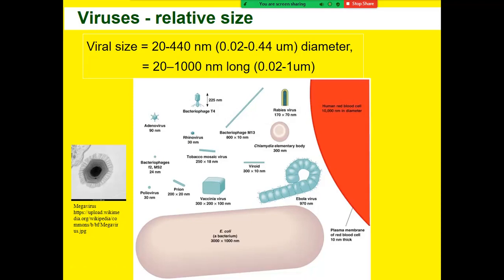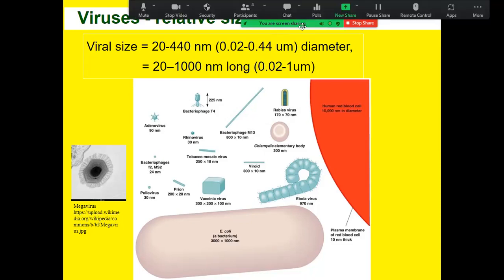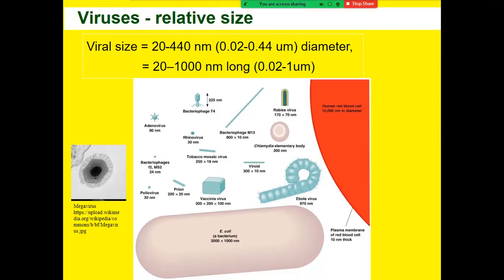The biggest virus we're going to talk about is megavirus, which is about 0.44 micrometers in diameter. The largest virus approaches the size of the smallest prokaryotic cell. So about the smallest prokaryotic cell is about 0.44 micrometers in diameter. And that's the largest virus.